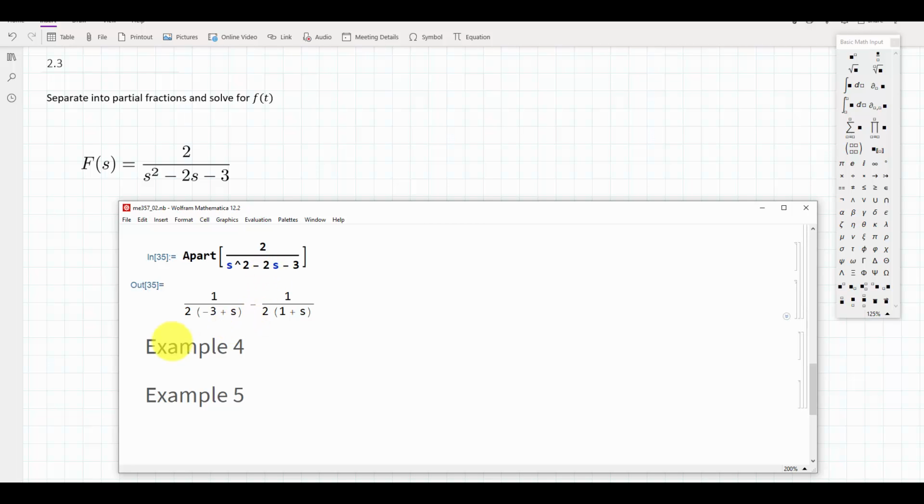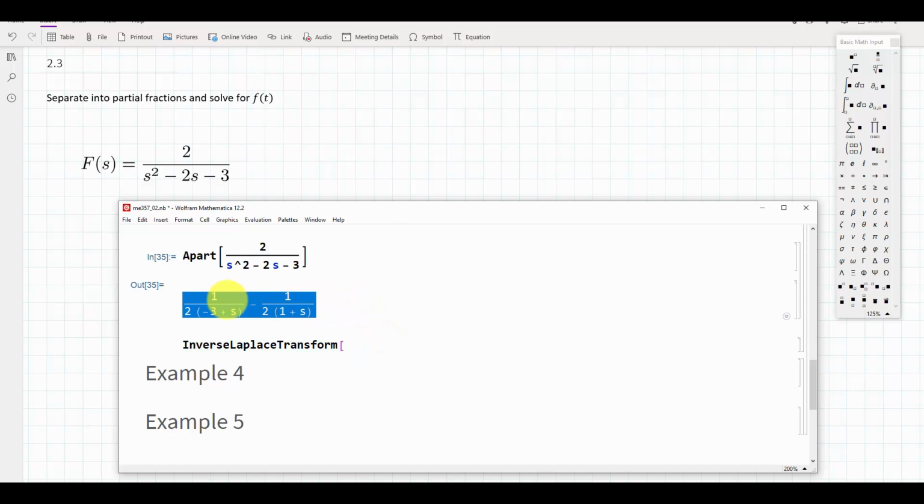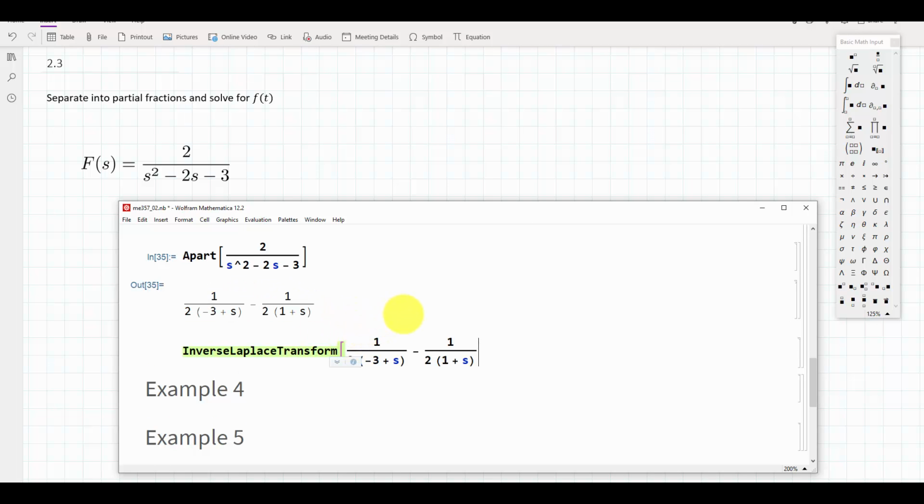Now we can do the inverse Laplace transform, which, not surprisingly, is called InverseLaplaceTransform in Mathematica. The capitalization, though, does matter. The I, the L, the T are all uppercase here. And then the thing that we want to do the inverse Laplace transform of. The nice thing is I can just copy and paste this solution into this input here, and it's going to preserve the formatting.